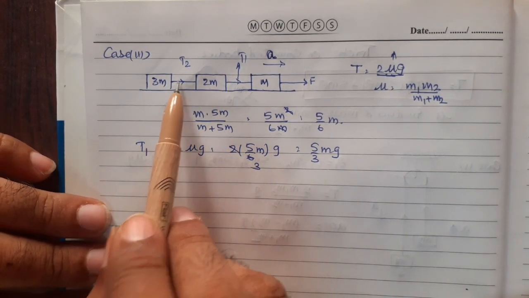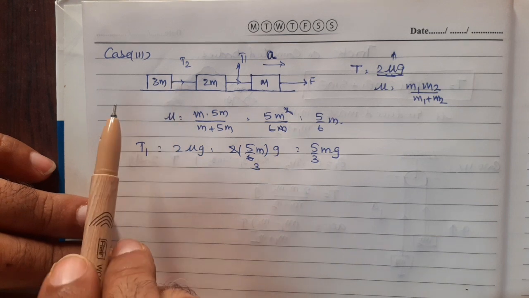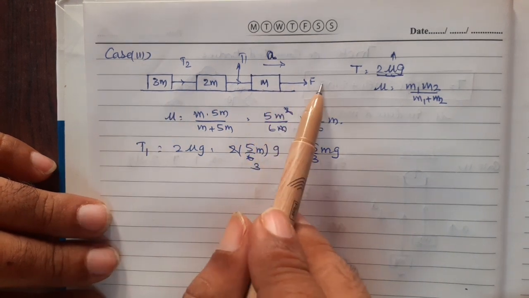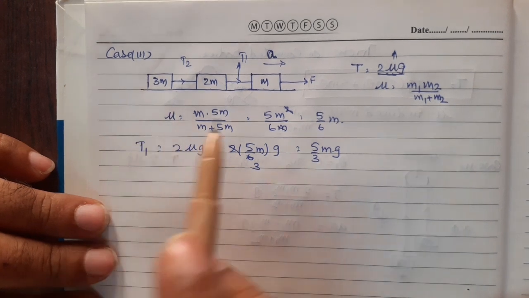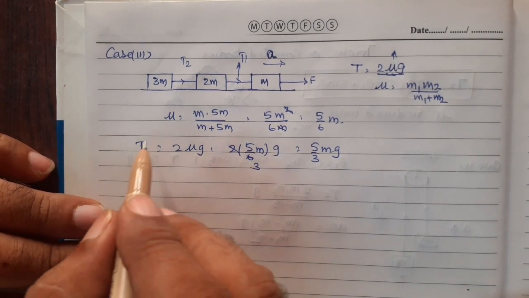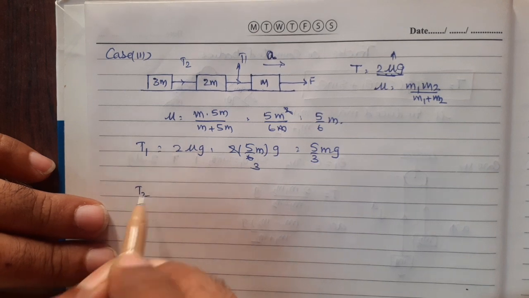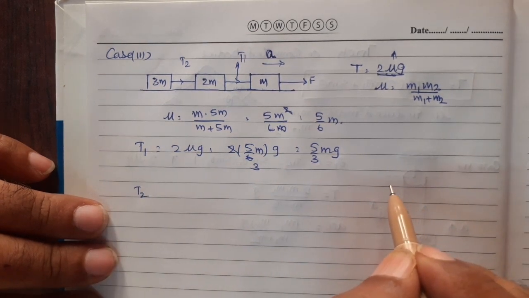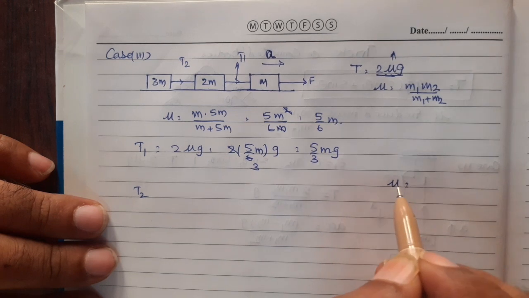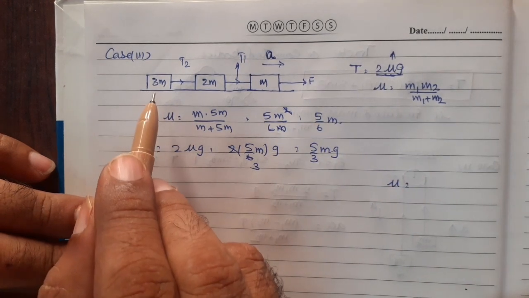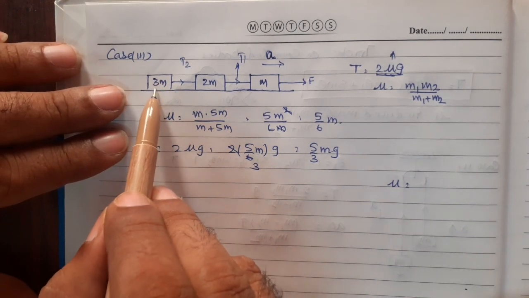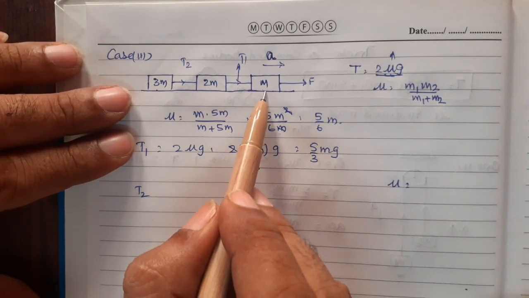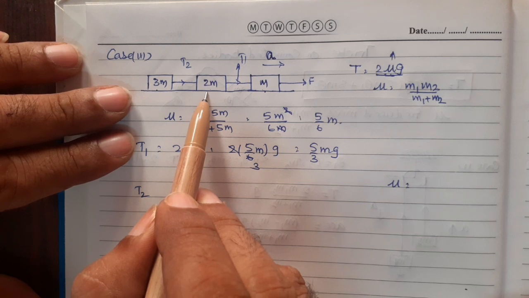Now coming to this part. Force is acting on this one and we are considering this part. So here again you have to calculate the reduced mass for T2. For this tension, we have to consider this mass as well as this mass, and we ignore this one.